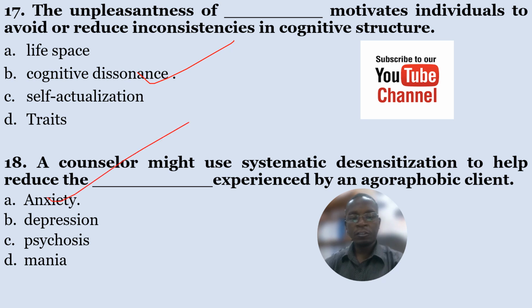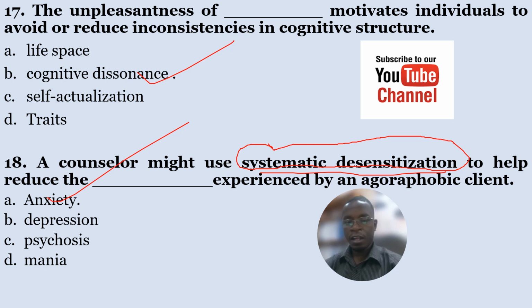A counselor might use systematic desensitization to help a client reduce anxiety. Systematic desensitization is often used when dealing with issues that have to do with anxiety and fears and other phobias. So the correct answer here is A, number 18.